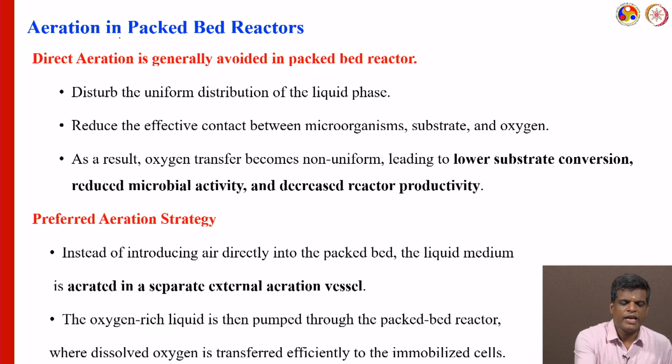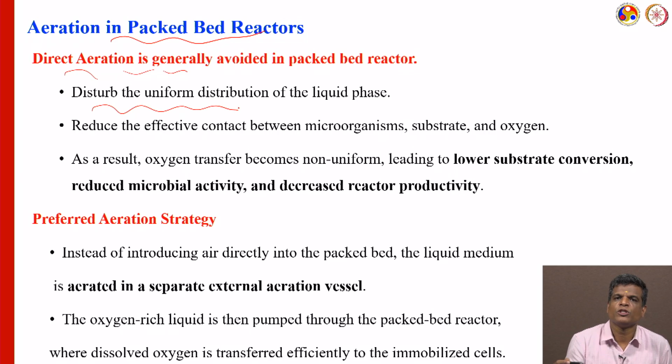Then aeration in a packed bed reactor: direct aeration is generally avoided in the packed bed reactor because it disturbs the uniform distribution of the liquid phase. Then it reduces the effective contact between the microorganism, substrate, and oxygen.